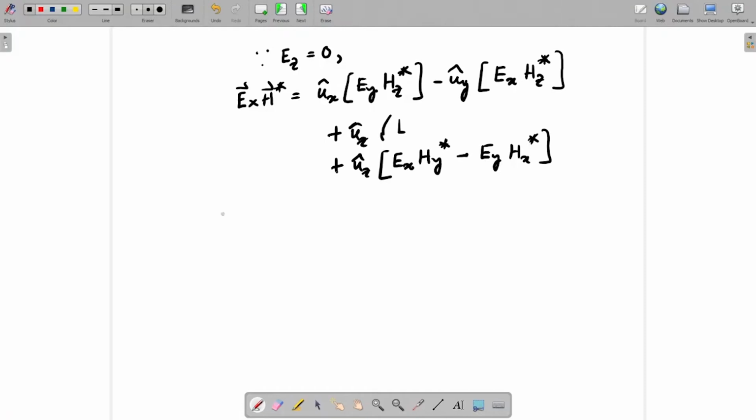So, therefore, for the power flow now, because I have the dot ds term which is pointing along the u z direction, these two terms are not going to contribute to the power flow and this term only is going to contribute to the power flow.